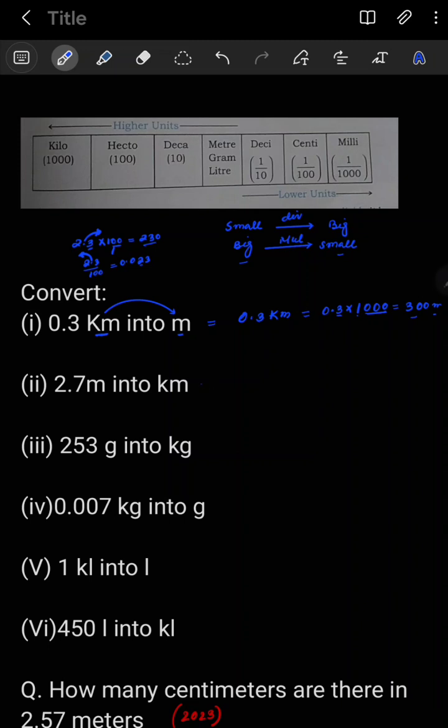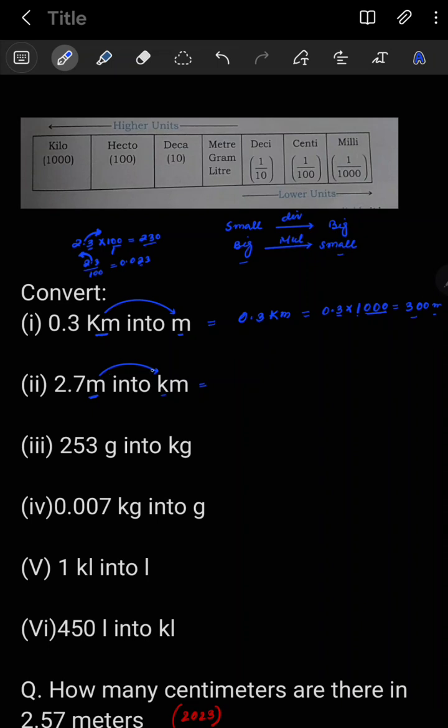Then here in the question, 2.7 meter into kilometer. So meter you have to convert into kilometer. As compared to kilometer, meter is a small unit. So small to big.